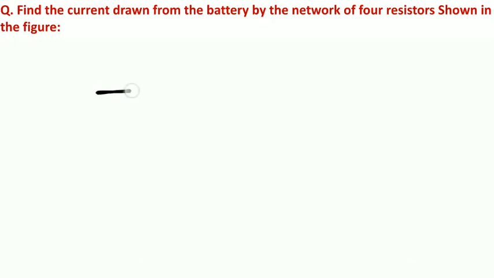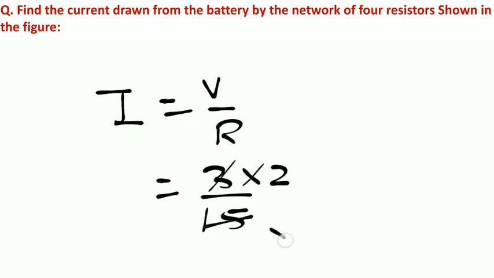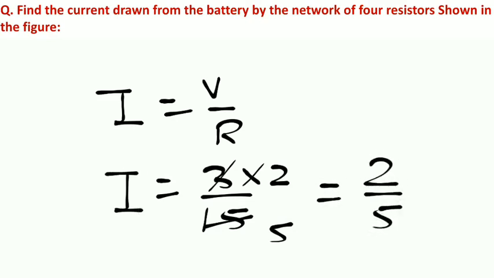I is equal to V upon R. The value of V is 3 volt and the value of R is 15 upon 2. 15 and 2 come here. So let's divide them. 3 5s are 15 and this becomes 2 upon 5. This is the value of current, 2 upon 5 ampere. This is the answer.